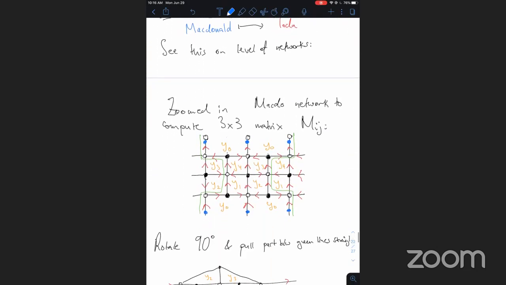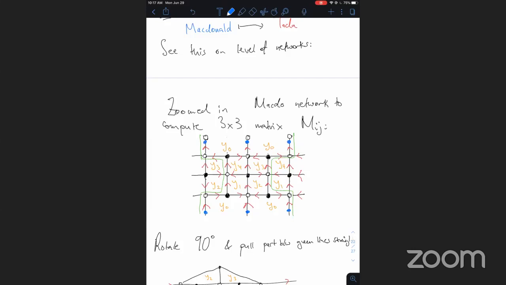Let me first zoom in on the Macdonald part of the network that we use to compute our 3x3 matrix M_ij. We have our blue vertices at the bottom, the sources, and the blue at the top, the sinks. All of the paths from the blue sources to the blue sinks are bounded by these two green paths on the left and on the right.